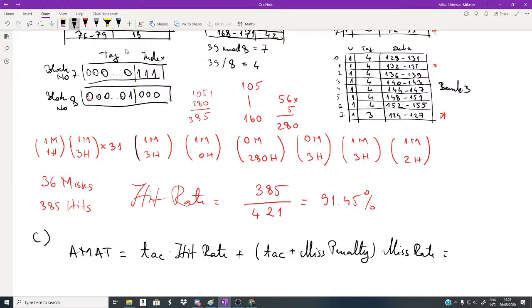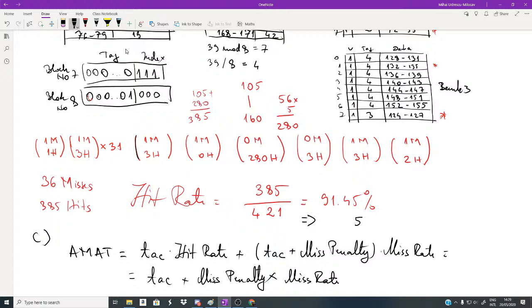But when you open up this parenthesis, you have time of access times hit rate plus time of access times miss rate, and you have this common factor, time of access, and in the parentheses you have hit rate plus miss rate, which adds up to 1. So you will have the time of access plus the miss penalty times the miss rate. Now, the miss rate, obviously, we know this.